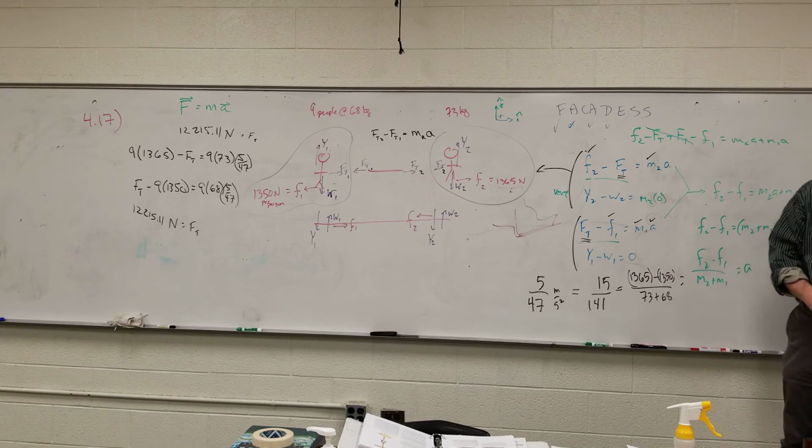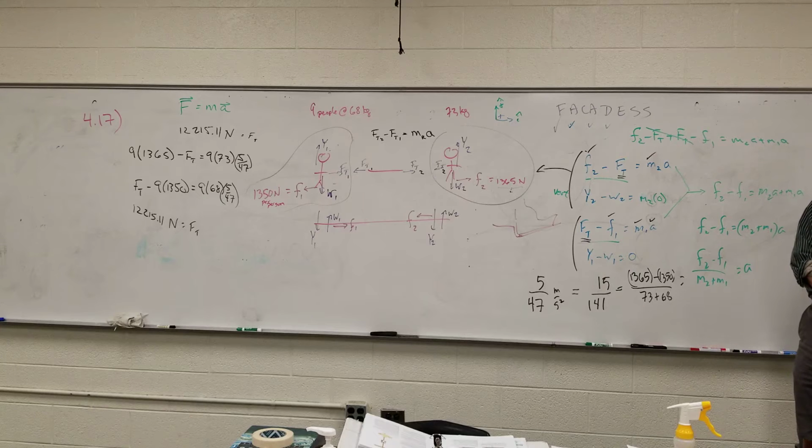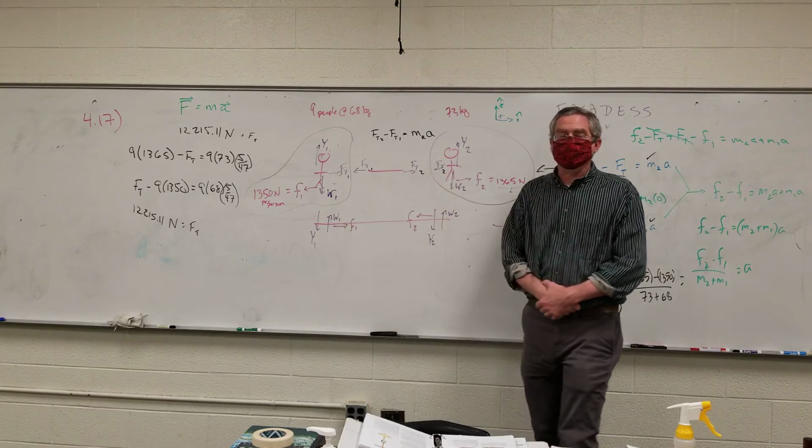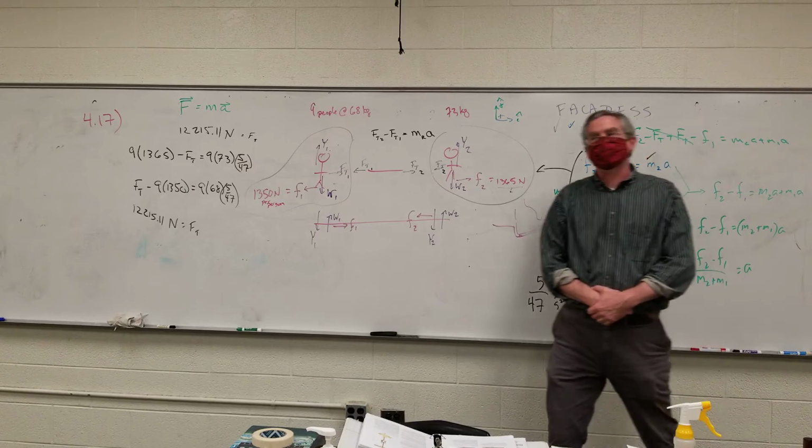What if the tensions didn't cancel out and you would have like 4 unknowns, what would you do? We'd have to have another relationship. The problem is where I've done where the tension does not cancel out.